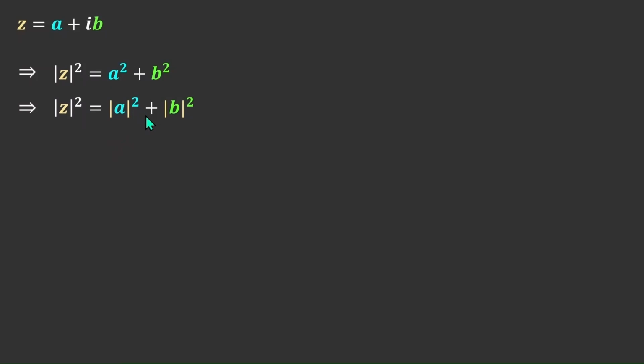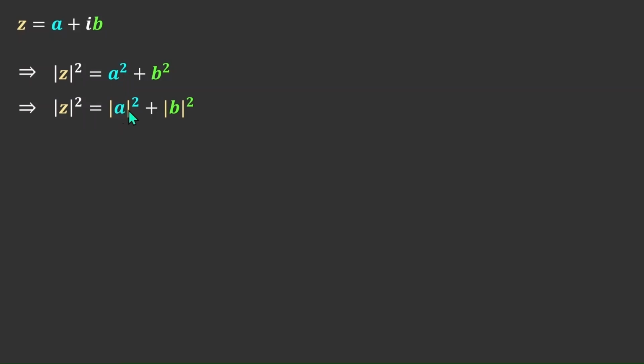Now let's take any general complex number Z is equal to A plus iB. Then we note that mod Z square is equal to A square plus B square. Here A is the real part of Z and B is the imaginary part of Z. And because we're squaring, we can also write it as mod of A whole square plus mod of B whole square, because A can be positive or negative, but irrespective the square is going to be the same.